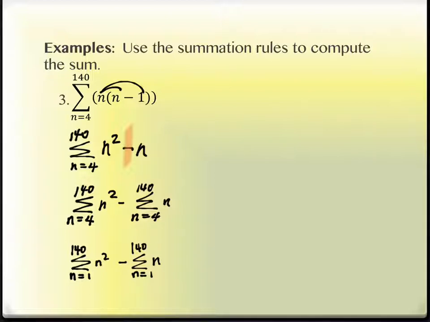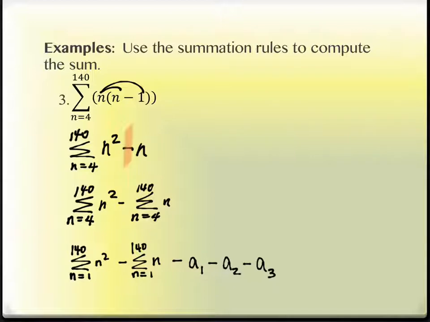What we did is we added in what happens when n is equal to 1, when n is equal to 2, and when n is equal to 3. Right? We added in 3 extra terms. In particular, we added in a1, a2, and a3. So I need to subtract off a1 and a2 and a3.